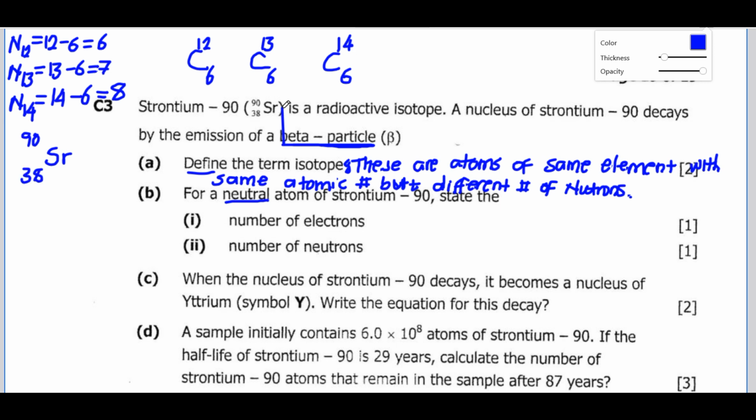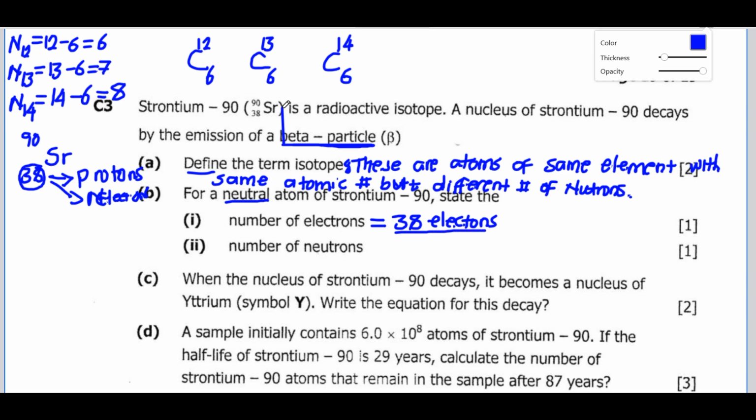As long as this atom is neutral, this 38 refers to the number of protons and also the number of electrons. So the first answer is 38 electrons.